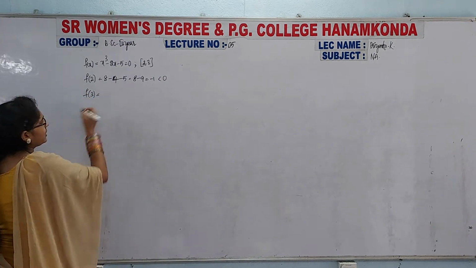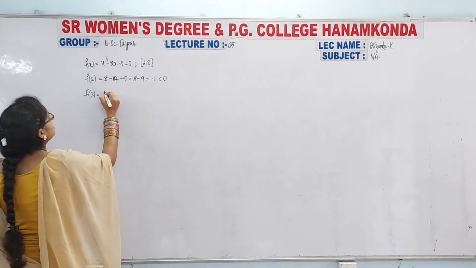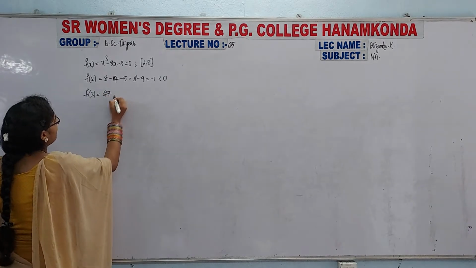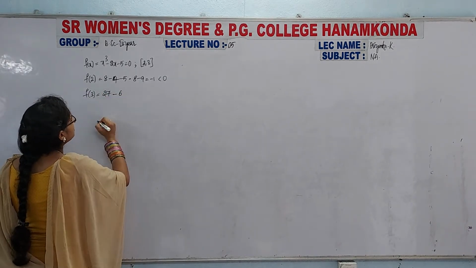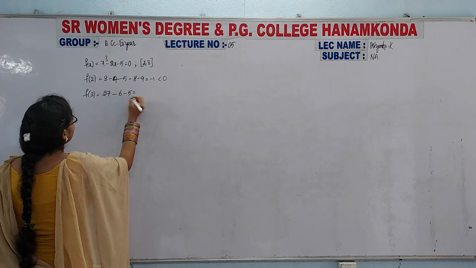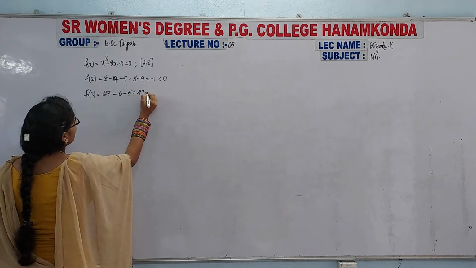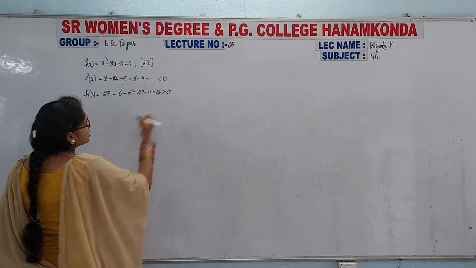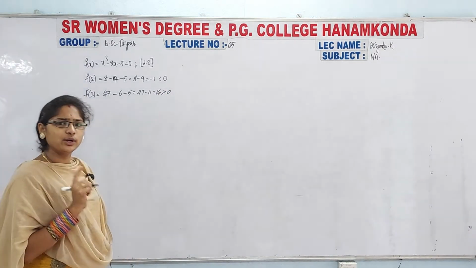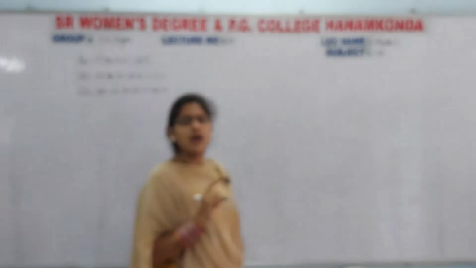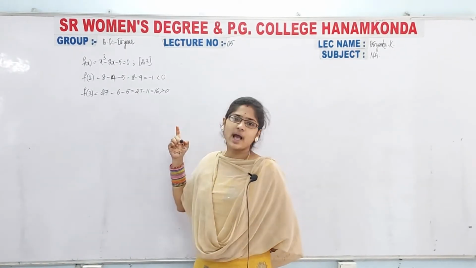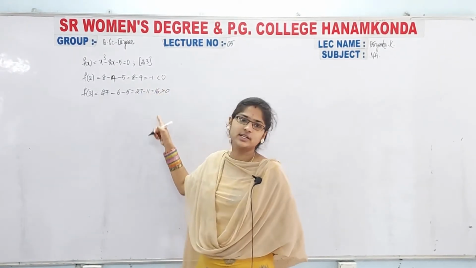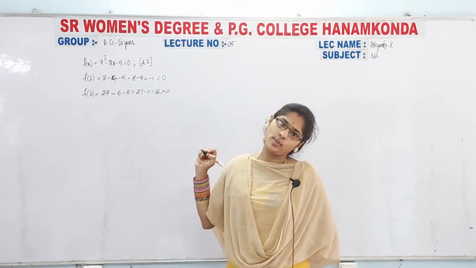Now f of 3 means 3 cube, 27 minus 3 into 2, 6 minus 5. Now 27 minus 11, then what we get? 16, which is positive. So for 2 we have a negative, and for 3 we have a positive.